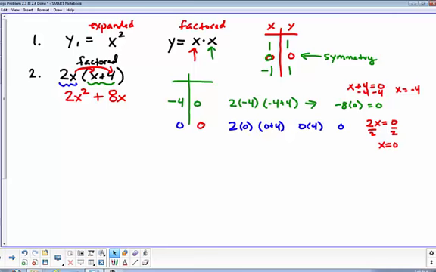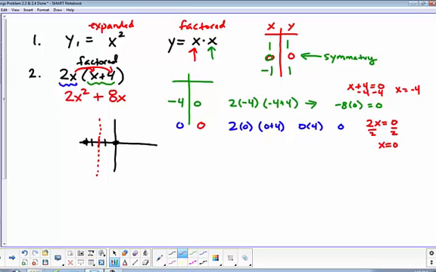Since I know my 2 points of symmetry, if I'm thinking about my graph, my vertex, my peak, is directly in the middle. So directly in the middle is right here at -2.